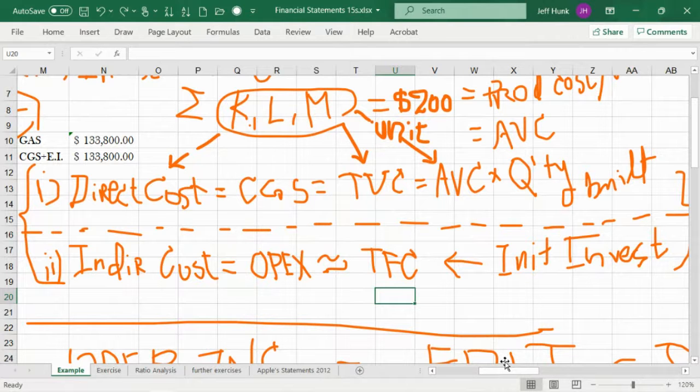But regardless, the heating and cooling and all these things are not directly related to the production level. Rent doesn't either.